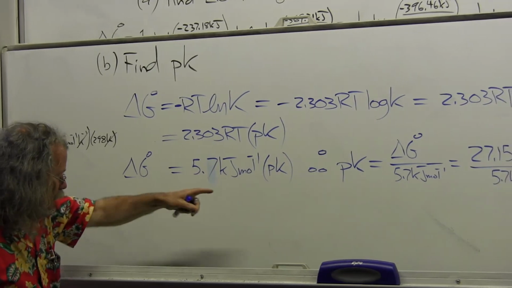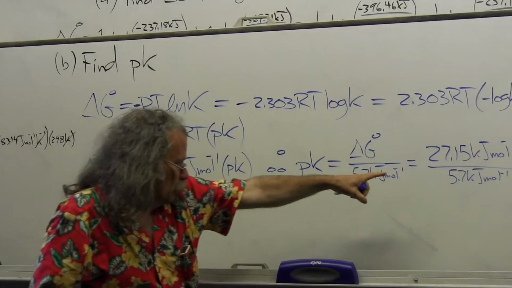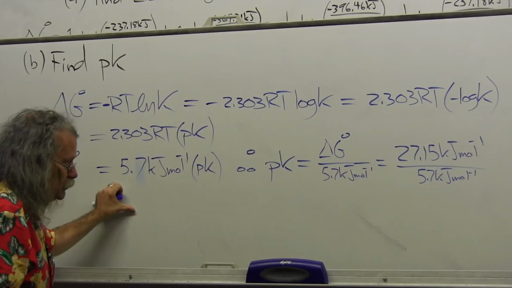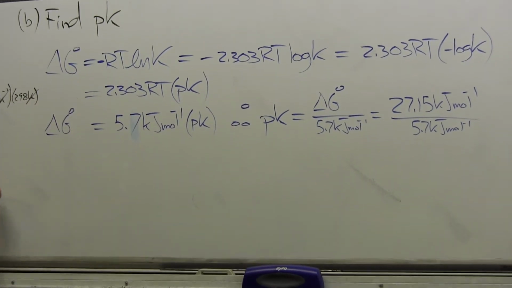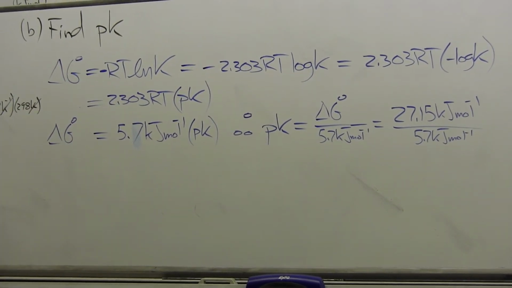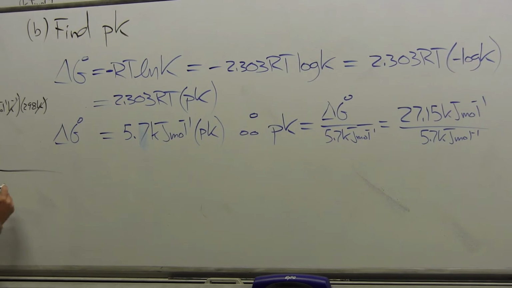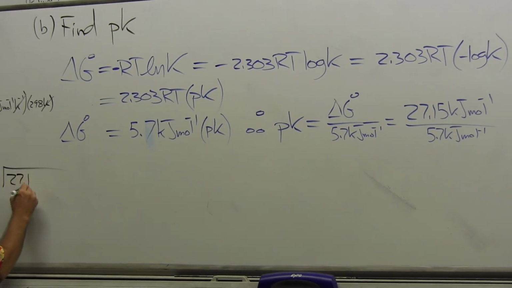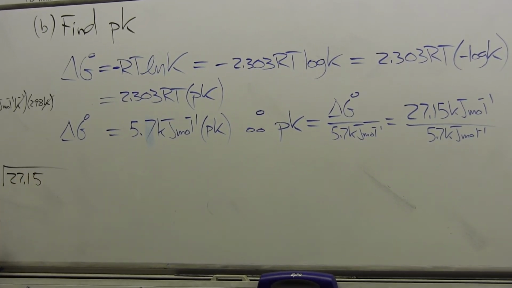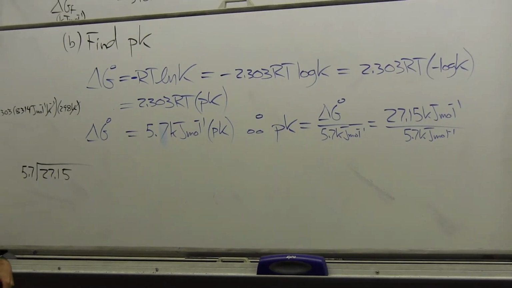Okay, so back to this. All I have to do to solve for PK, which we've already got over here, is get scratch paper out and take 5.7 and divide it into 27.15. It's the little things about this that sometimes cause somebody grief. We forget.